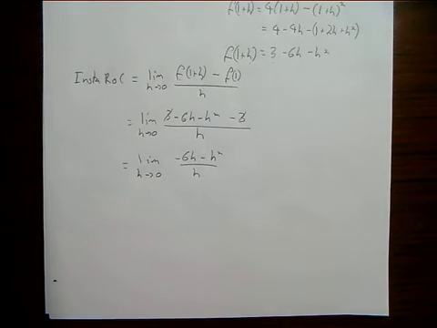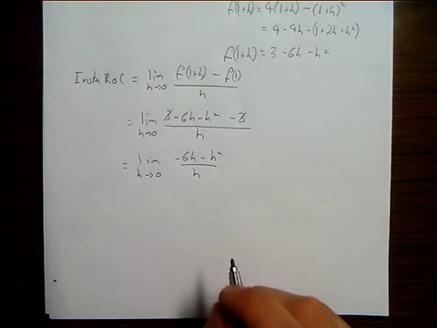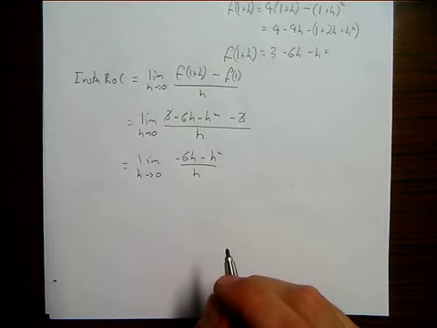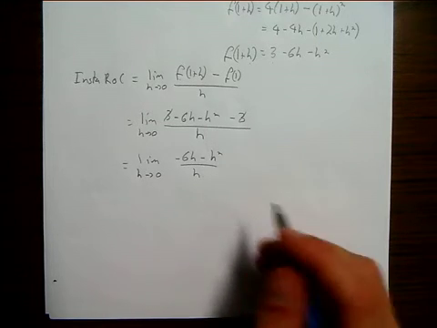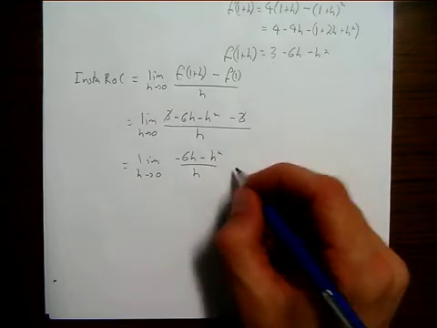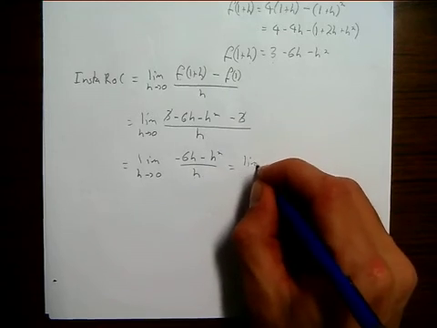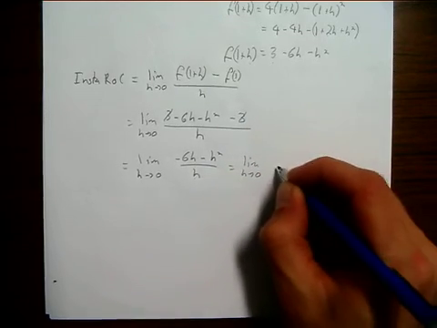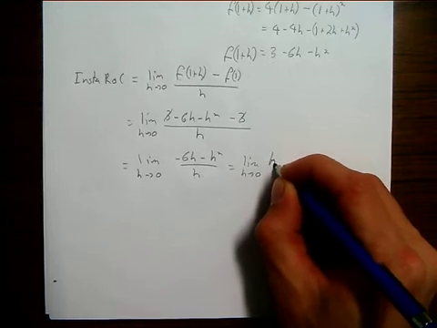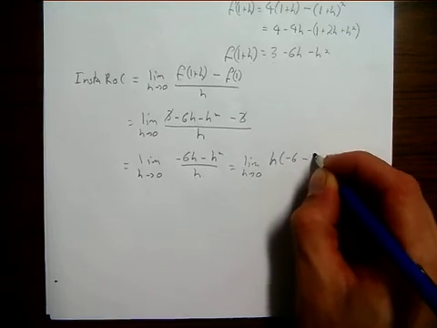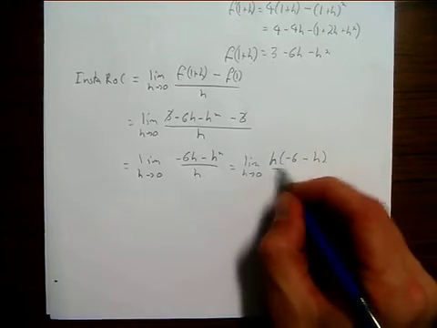I could factorize it, and why would that help me? I'll get rid of the h on the bottom. So I factorize it, and I get h outside of negative 6 take h over h.